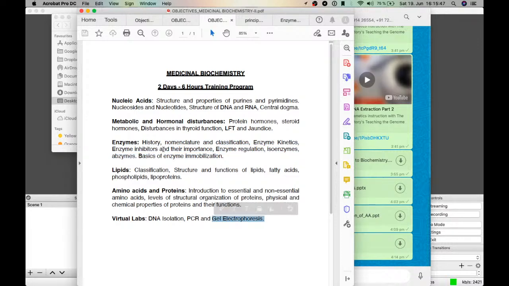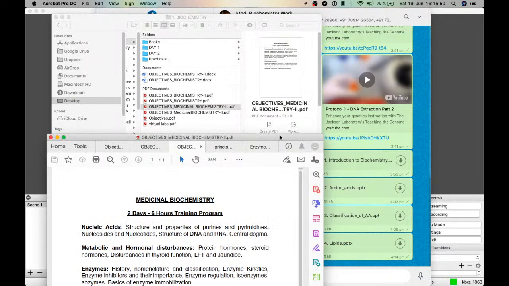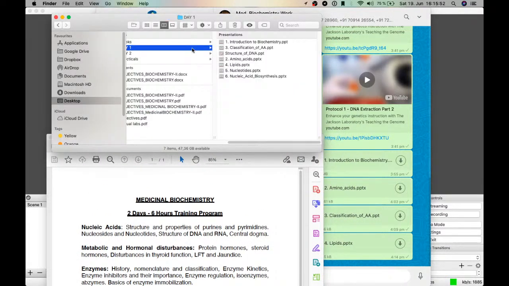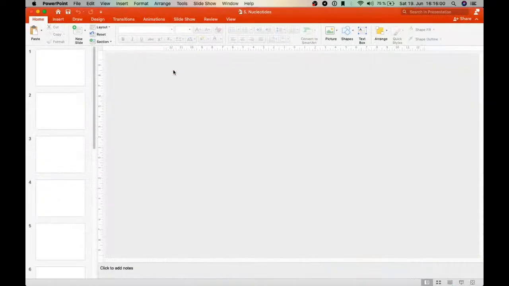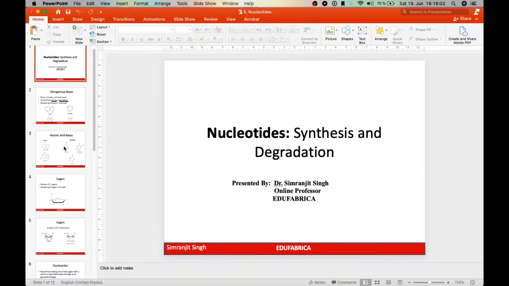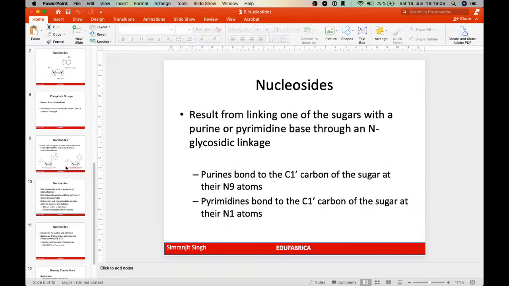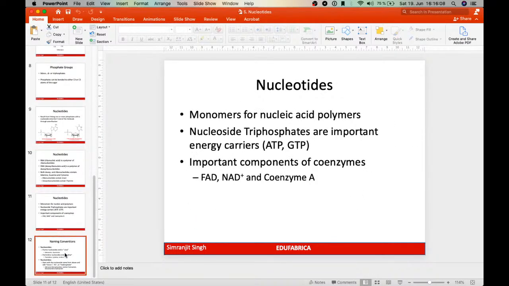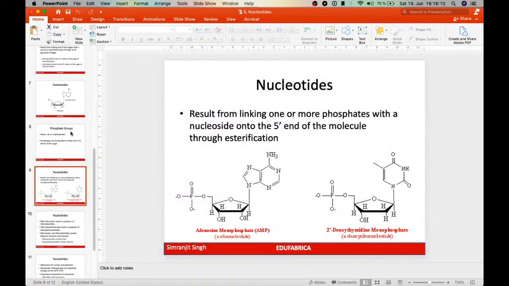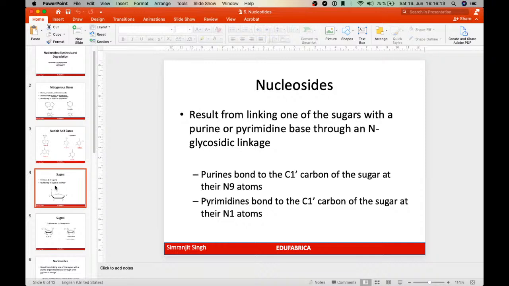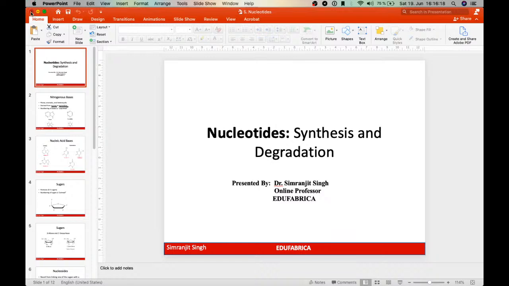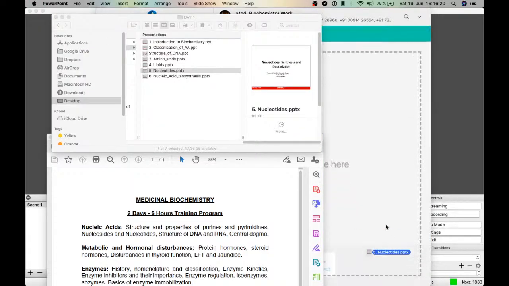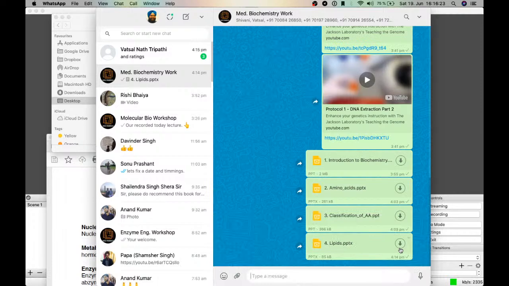And we will finish this part with the next lecture, nucleotides maybe. Let me check if it is required for you. This I have discussed already. I have discussed everything about them. I can share these slides with you also. It will be good for your studies. This I have taught you in my first lectures.